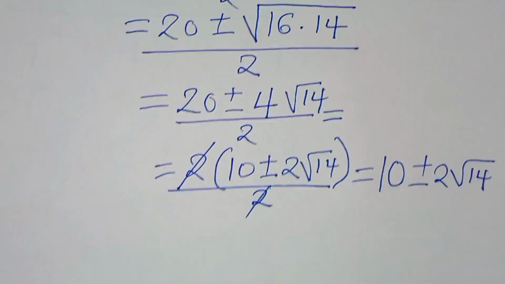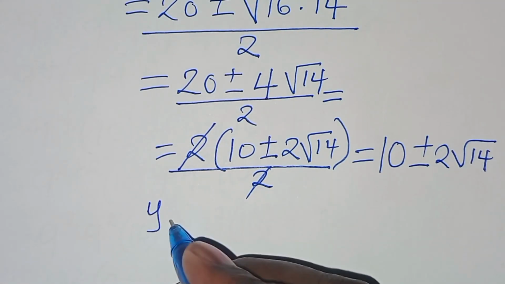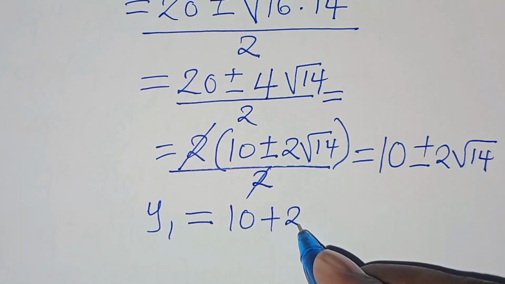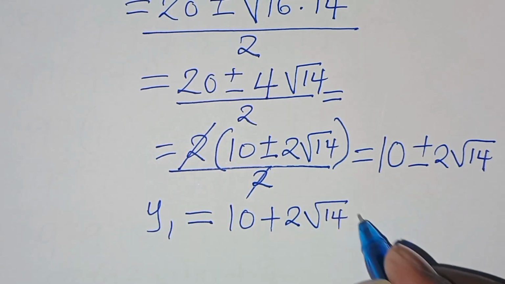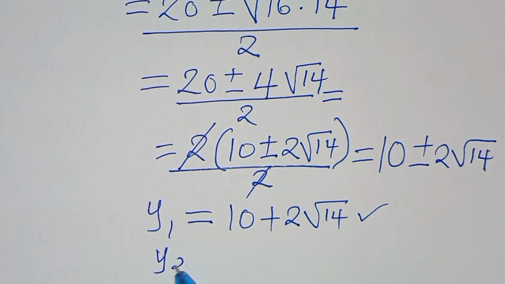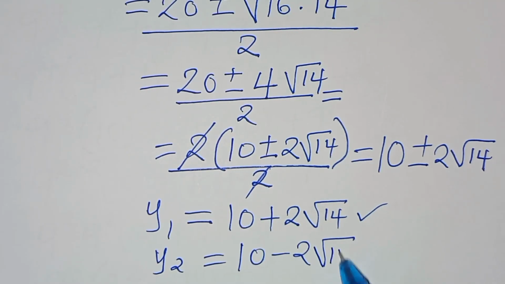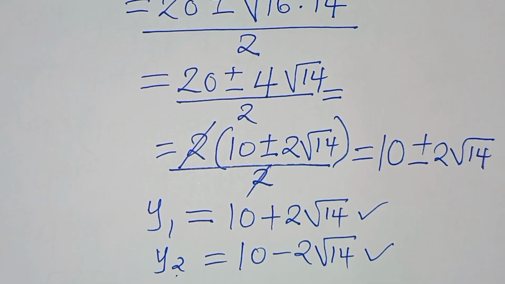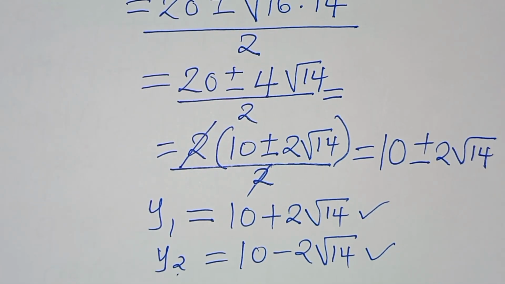So this implies that y1 is equal to 10 plus 2 square root of 14, and we have y2, this is equal to 10 subtract 2 square root of 14. Now we have two values, that's y1 and y2. So let's determine the corresponding values of x1 and x2.